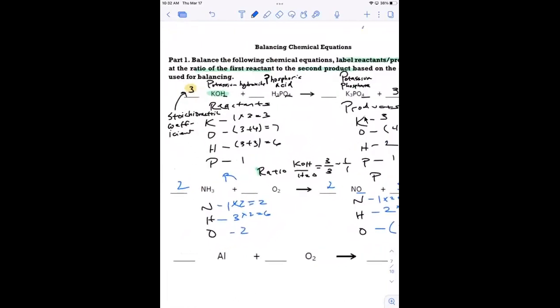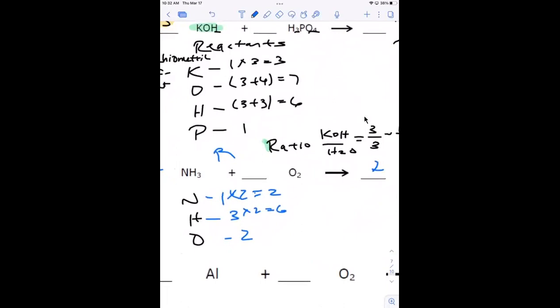All right, and in this case, this is a case where you could use a fraction. A lot of times when you have diatomics present, like oxygen gas, chlorine gas, nitrogen gas, it's okay to use a fraction. So what fraction would you put in front of O2 to make that 5?